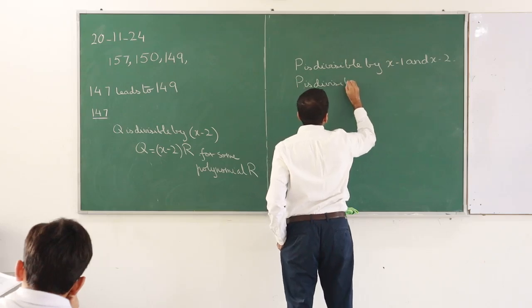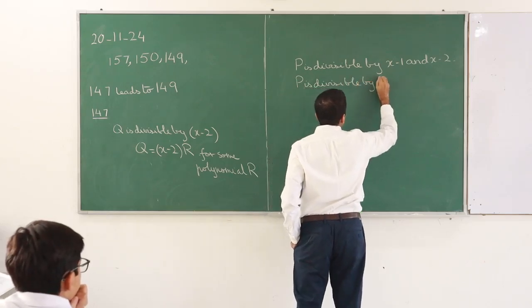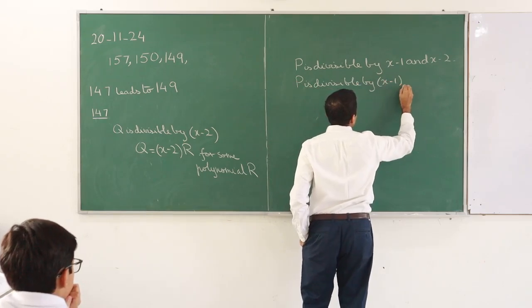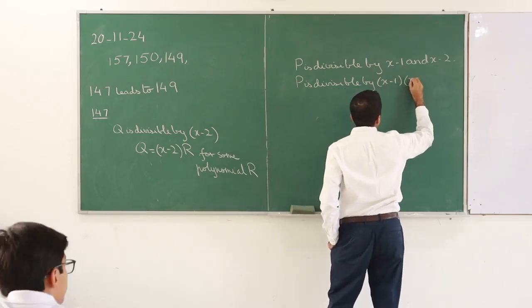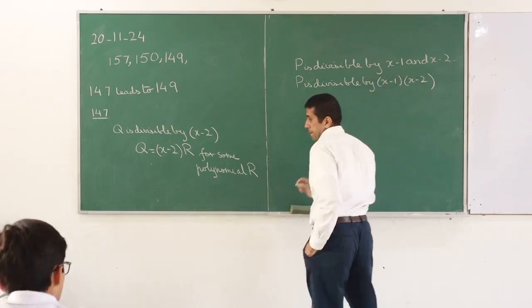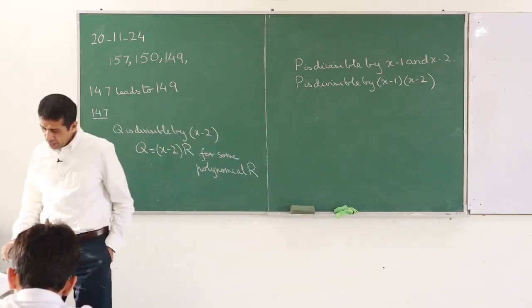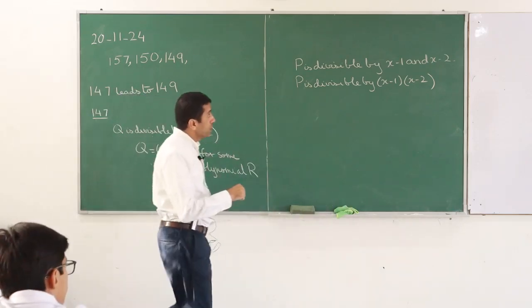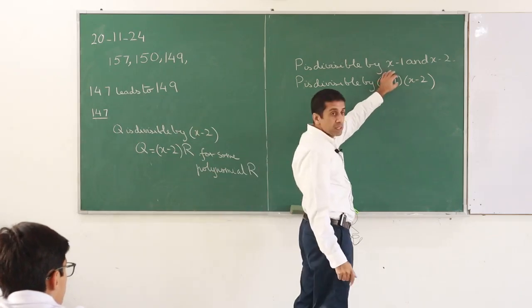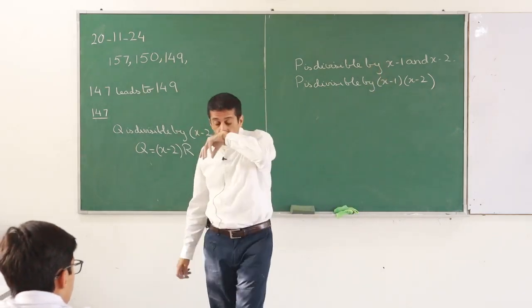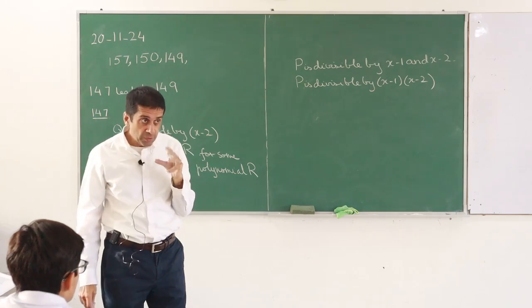If 1 and 2 are roots of the polynomial, that's exactly what it means: it is divisible by x minus 1 and x minus 2. Now we have to prove it's divisible by the product.